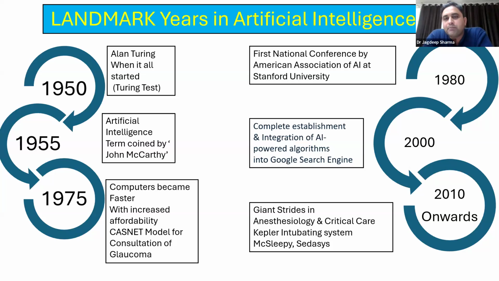By 2000, there was complete establishment of artificial intelligence, like the development of Deep Blue. We all know that supercomputer that was developed around 1996 and defeated Gary Kasparov, followed by integration of AI powered algorithms into the Google search engine that made it all the more relevant. Following that, there have been giant strides in our branch of anesthesia and critical care, with development of the Kepler intubating system, McSleepy, Sedasys, and a lot more things.